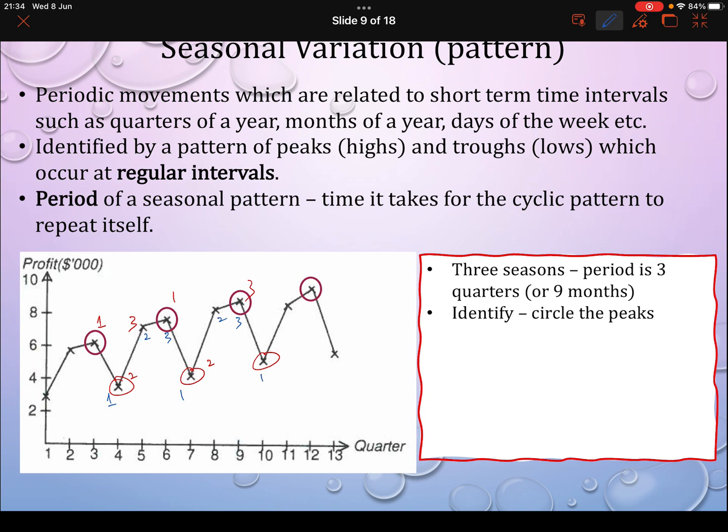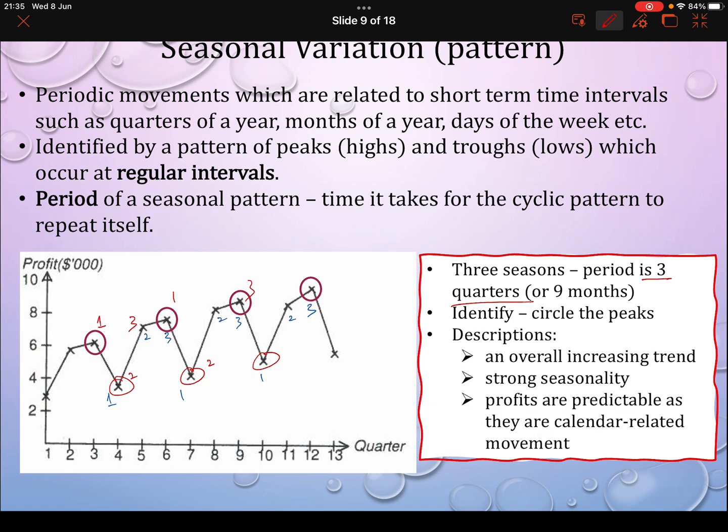Back to the trough again, 1, 2, and 3. So therefore, you can see the pattern emerging. The period here is 3 quarters, which is 3 seasons. So every 3 seasons, it repeats itself. So to identify it, either circle the peaks or the troughs.